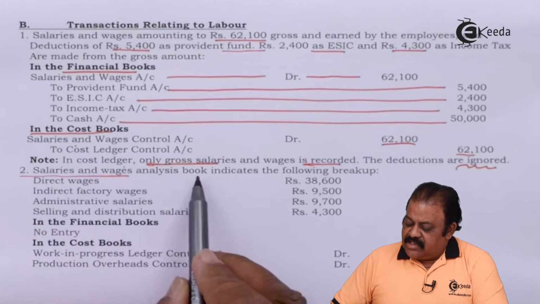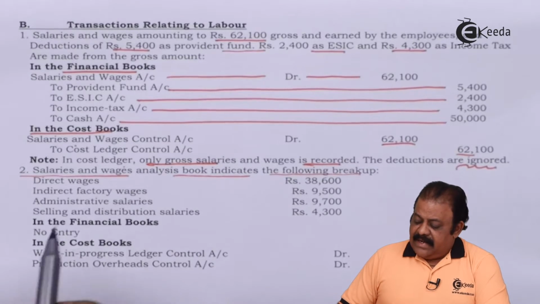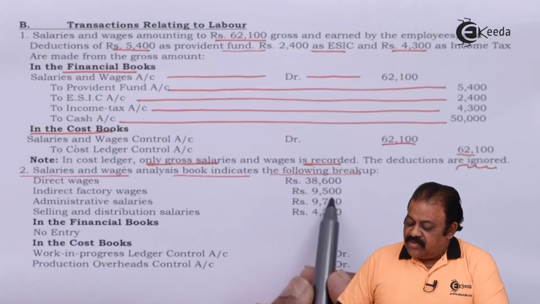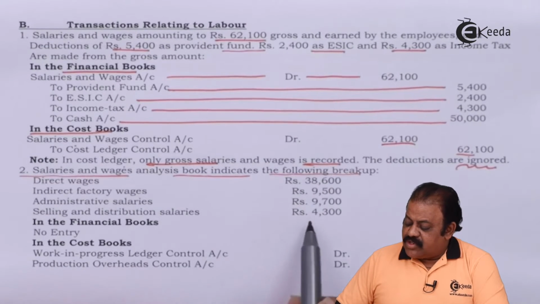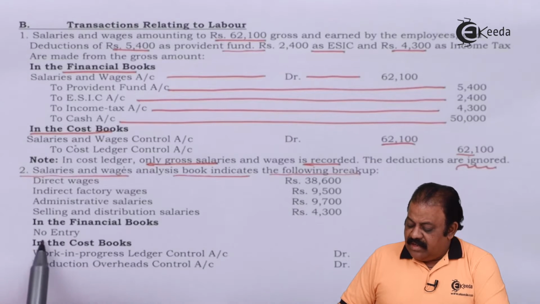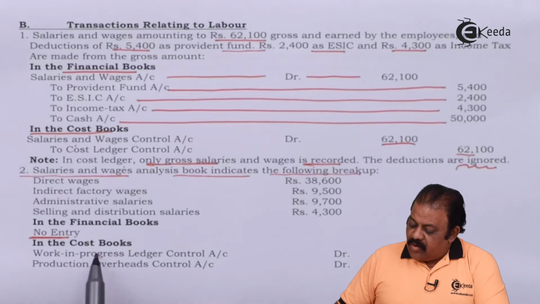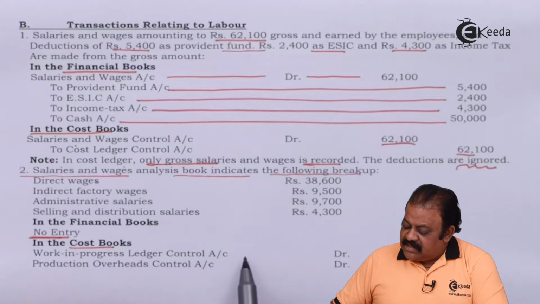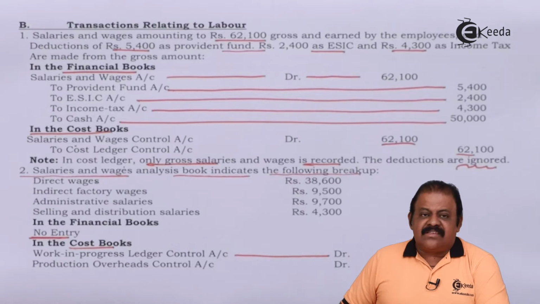Salaries and wages analysis book indicates the following breakup: direct wages 38,600, indirect factory wages 9,500, administrative salary 9,700, selling and distribution salaries 4,300. In financial book, there will not be any entry for this allocation. In cost book, direct wages will be considered as work in progress ledger control account 38,600.